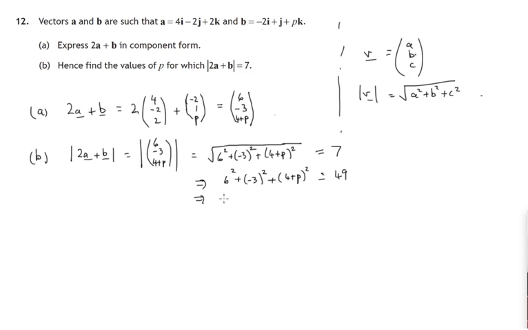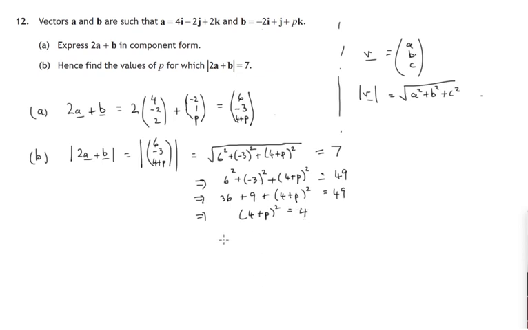So let's do all this squaring. 36, -3 squared is 9, and we've still got 4 plus P squared. Now on the left hand side, 36 plus 9 is 45. Let's take 45 away from both sides of the equation. 45 from 49 is 4.